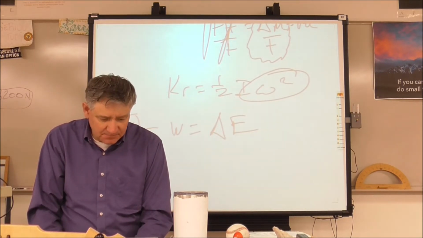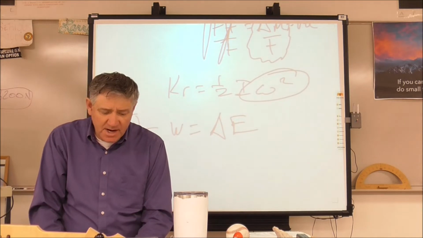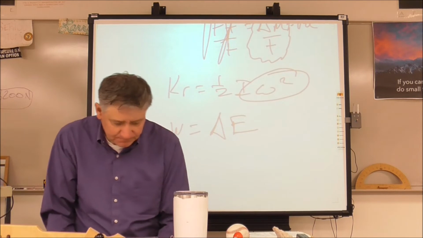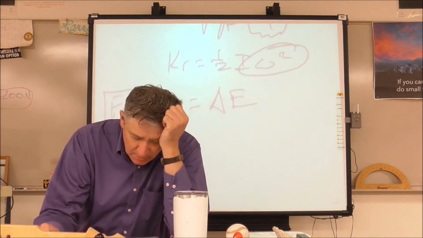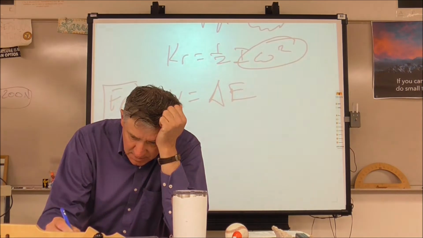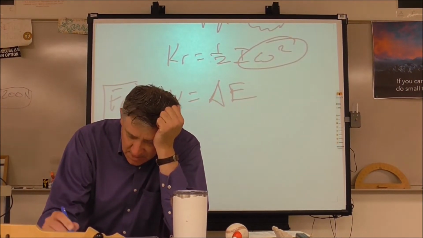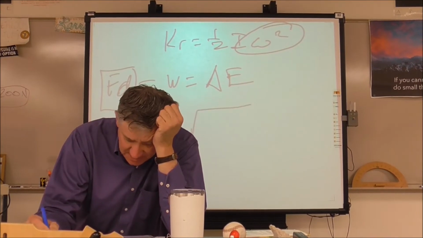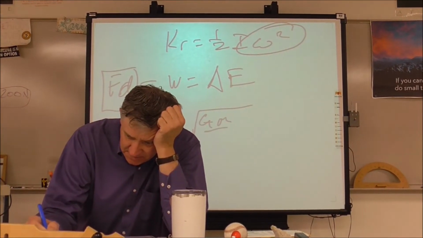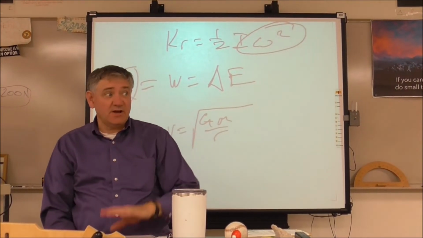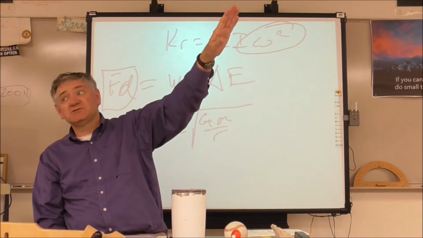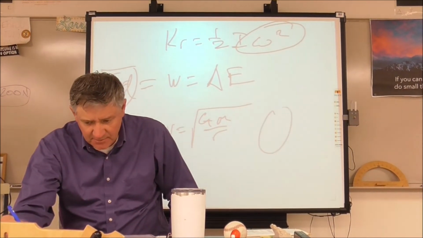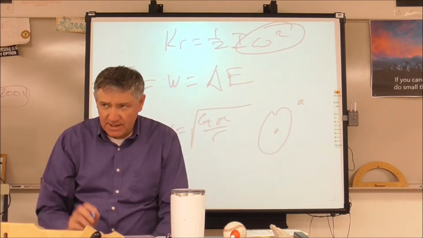Now, on G, you want to calculate the kinetic energy of the satellite. So you got to go old school on G. You got to go back to the idea that the velocity of an orbiting satellite is the square root of big G M over R. But remember, that distance has to be from the center of the Earth out to that satellite.